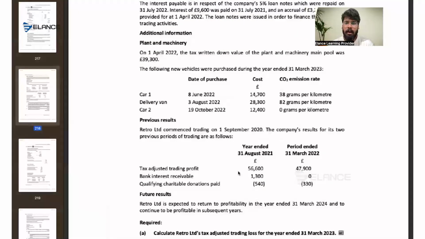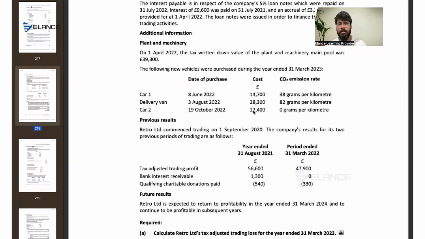And the second car, they had purchased for 12,400. Its CO2 emission is 0 grams per kilometer, and it's a new car. In the heading they mention that the following new vehicles were purchased during the year ended 31st March 23. So this second car is a new car, and its CO2 emission is 0.